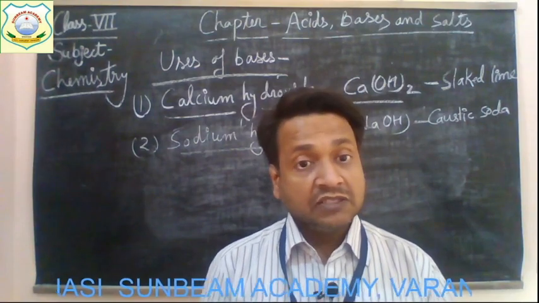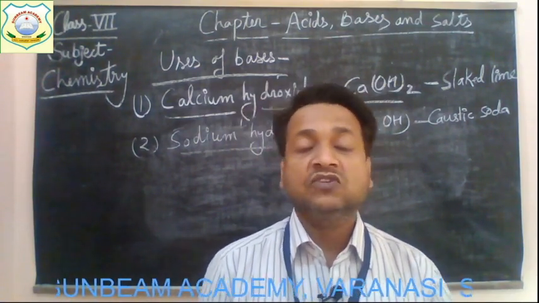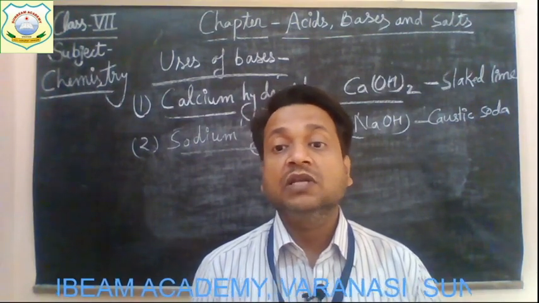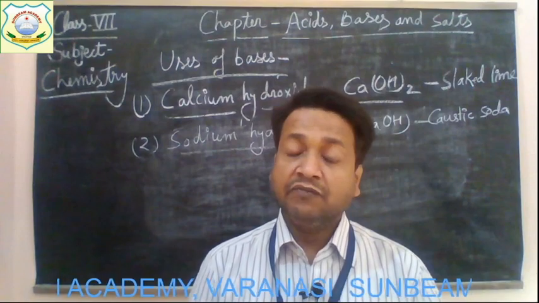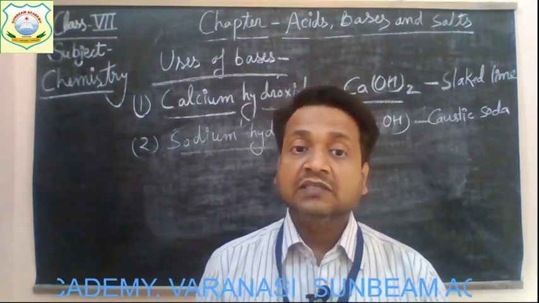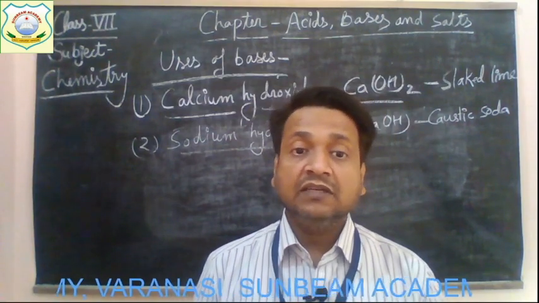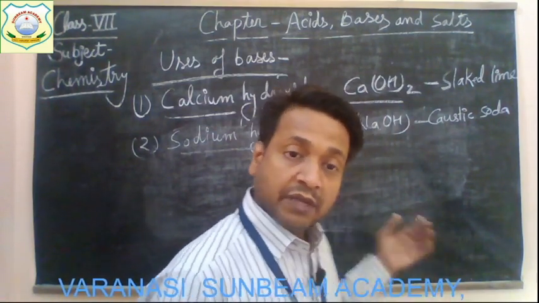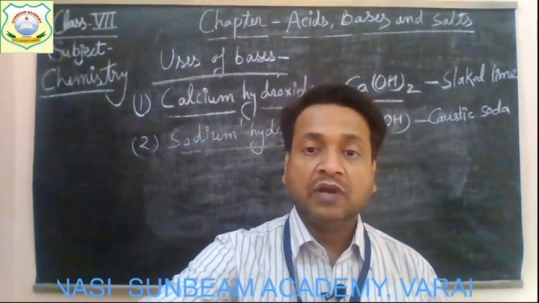The next use of sodium hydroxide is to manufacture several industrial chemicals like sodium hypochlorite. The different chemicals in different kinds of industries are manufactured with the help of sodium hydroxide, and the example is sodium hypochlorite.